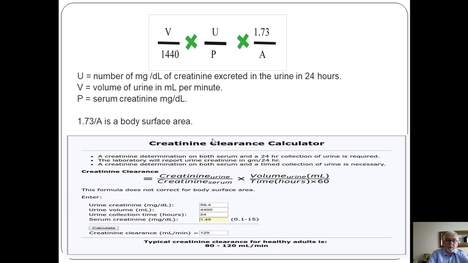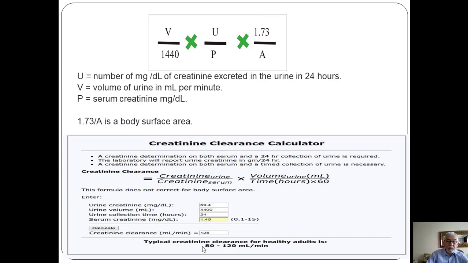Also, we have to know the constant volume of urine in milliliters per unit time. It is better to collect urine during 24 hours. There are a lot of formulas for calculating creatinine clearance, but we have to know this depends on age, gender, and so on.